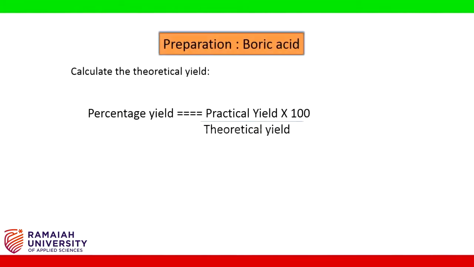First, calculate the theoretical yield and then the percentage yield is calculated using the formula: percentage yield is equal to practical yield into 100 divided by theoretical yield.